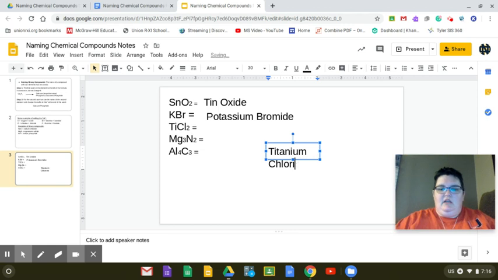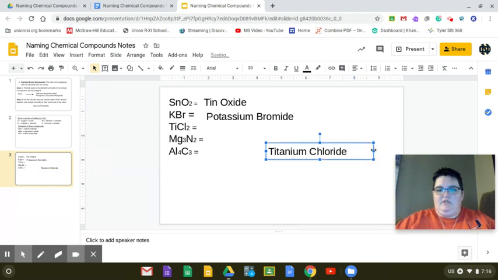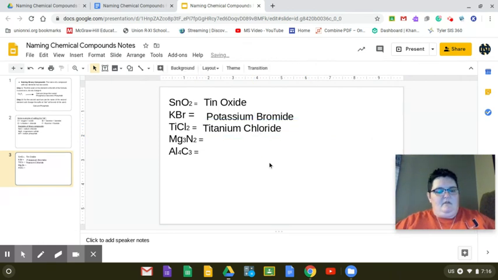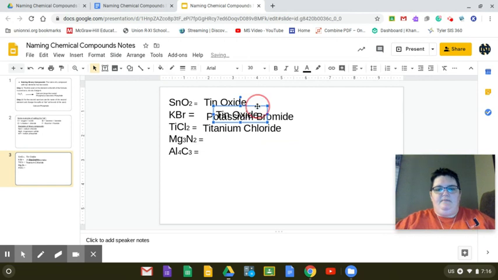So chlorine is going to become chloride. Okay. Hopefully this is making sense, or starting to at least. All right. Let's do a couple more, just to make sure we've got this down.